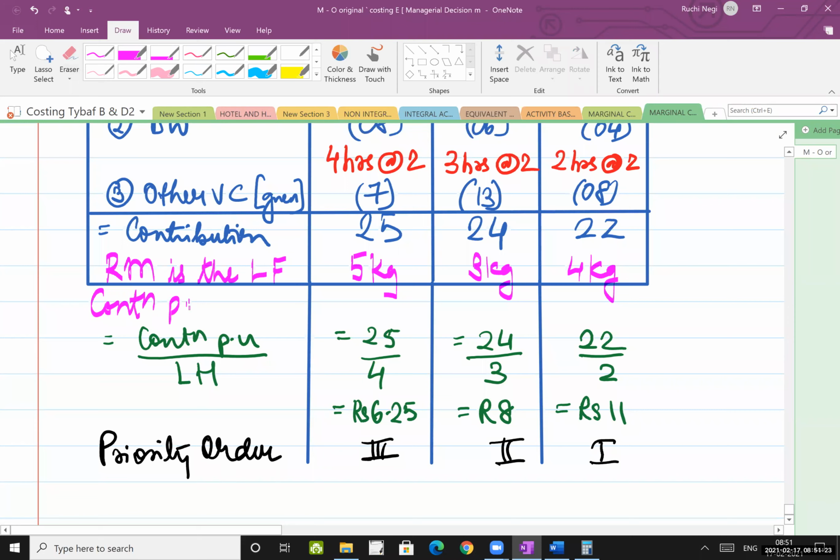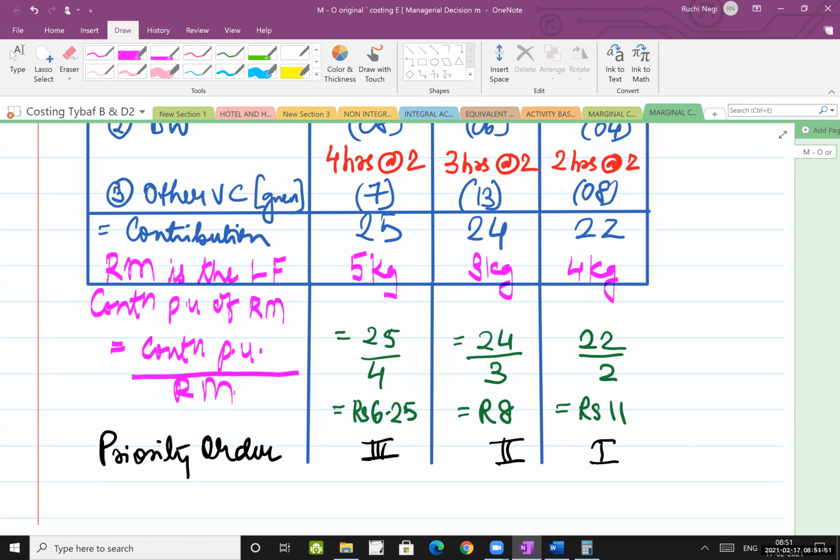So my formula will be contribution per unit divided by raw material.